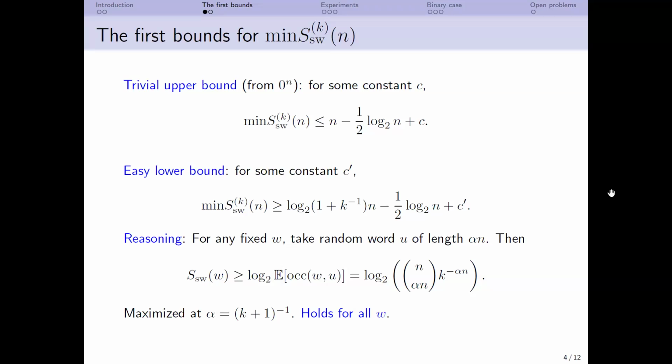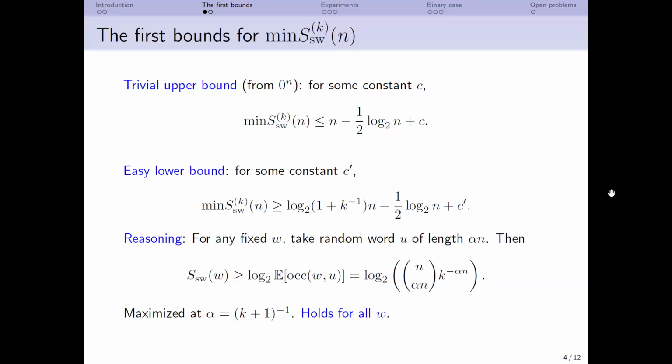It would be the number of possible subsets, times the probability that in this subset we really have the subword. And then we just take the log. This will of course be a lower bound on the subword entropy, because the subword entropy is something that's maximizing. So then afterwards, it's easy.